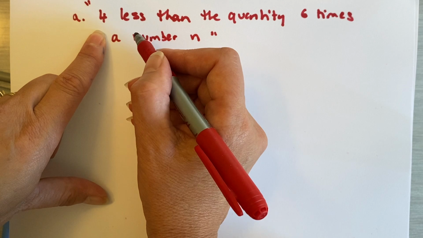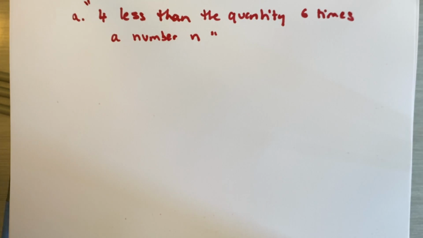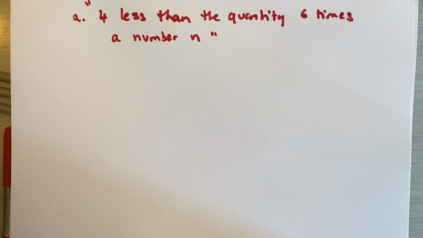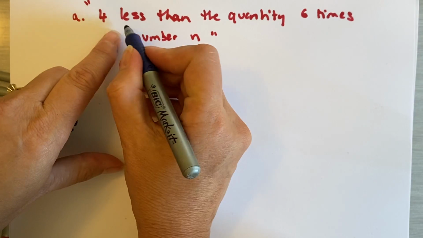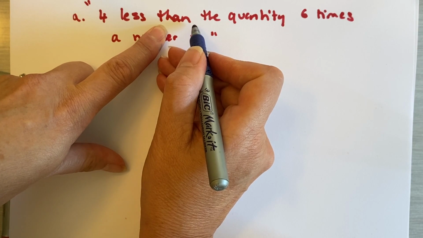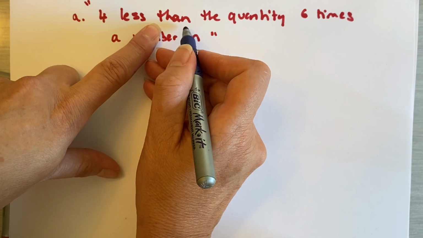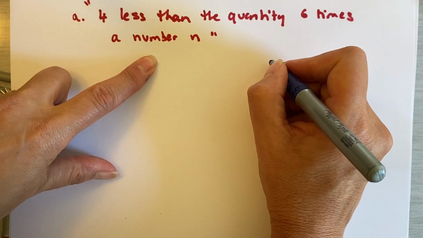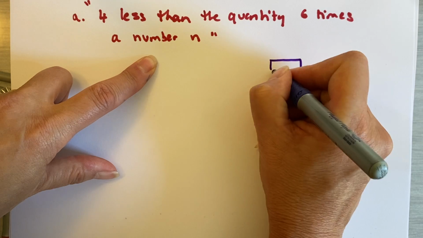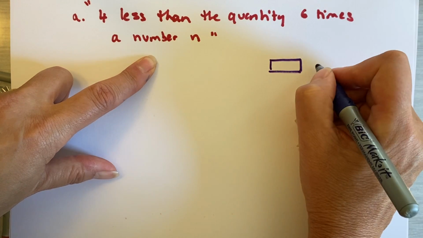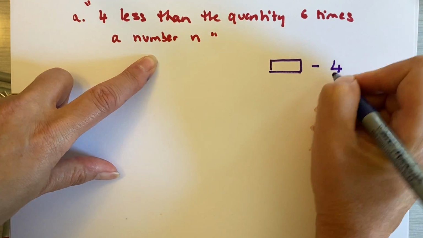So you're going to take it in pieces, okay? 4 less. I want you to think 4 less. It means 4 less than something, right? That means you've got something, and you've got 4 less than that.